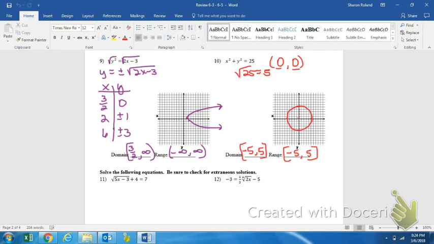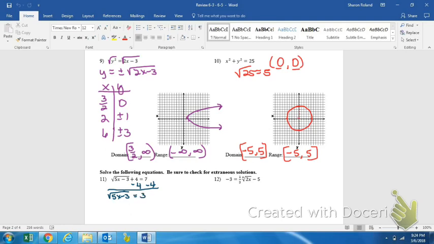On number 11, before you can solve for an x that's under the radical, you have to isolate the radical, which means we're going to get rid of this 4 from both sides. And so you have square root of 5x minus 3, and it equals 3.